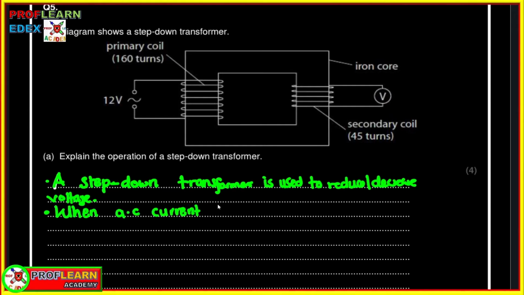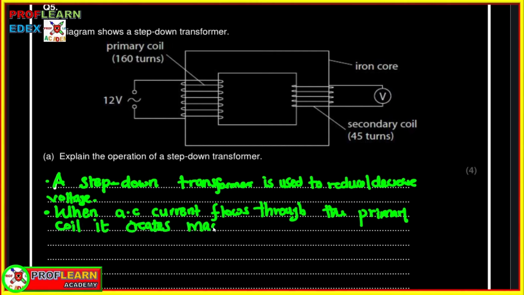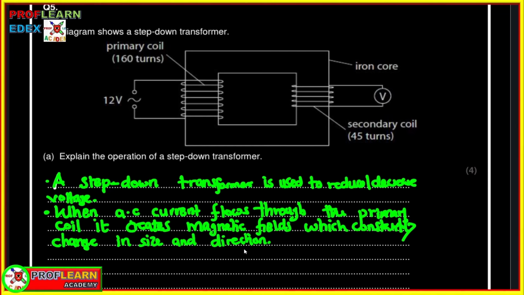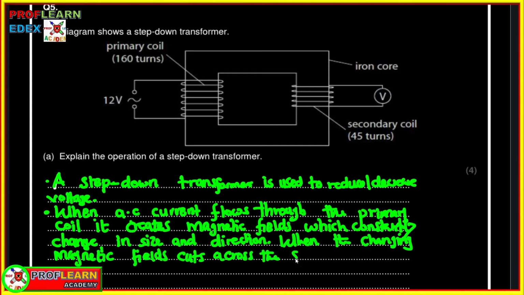So we can see that when alternating current flows through the primary coil, it creates magnetic fields which are constantly changing size and direction. When these created magnetic fields cut across the secondary coil, a voltage is induced in the secondary coil.